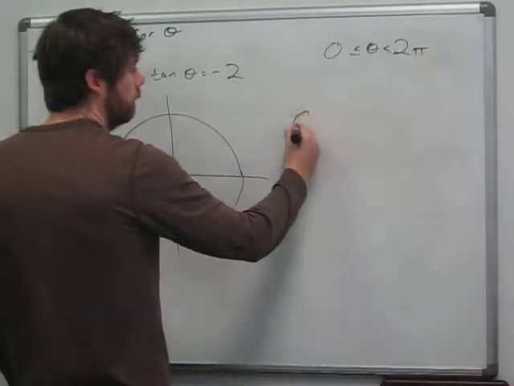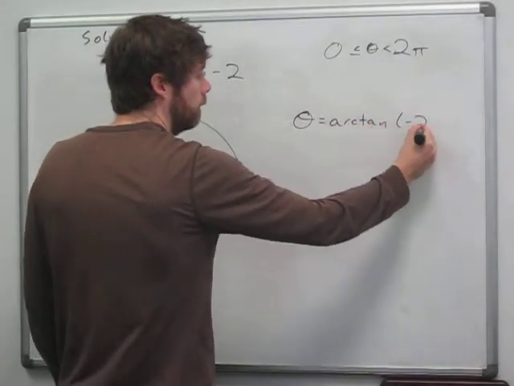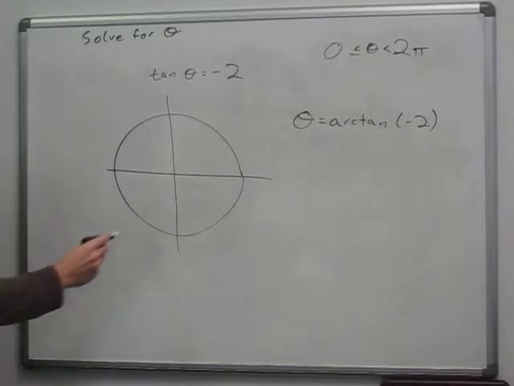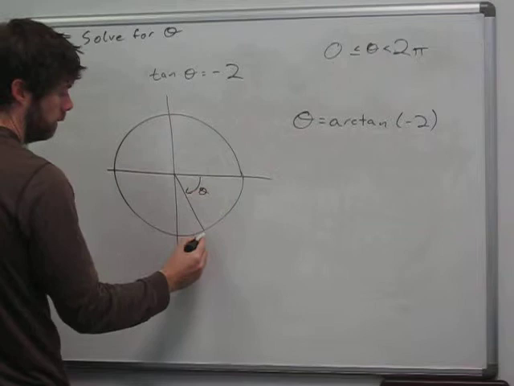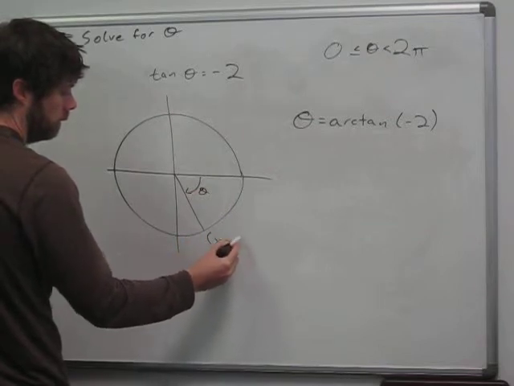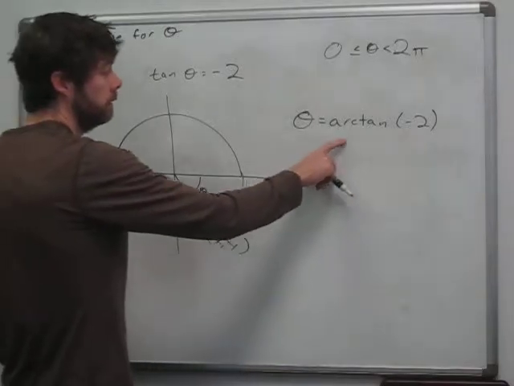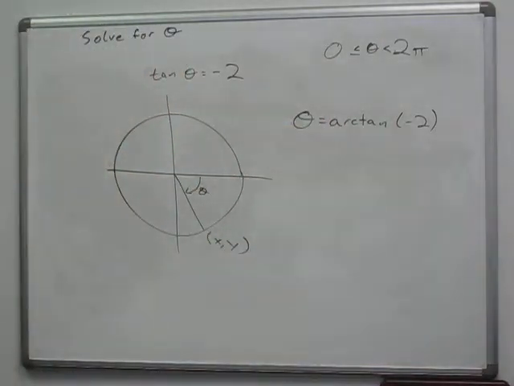Well, if I was just going to use arctangent of negative 2, then I would get a negative angle landing down in quadrant 4, right? But this negative rotation does not fall between 0 and 2 pi. I need to look for positive angles.